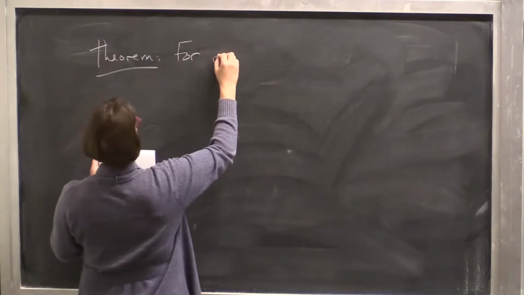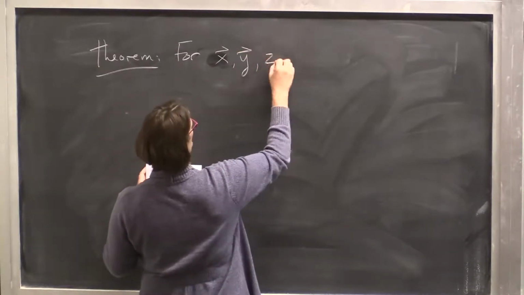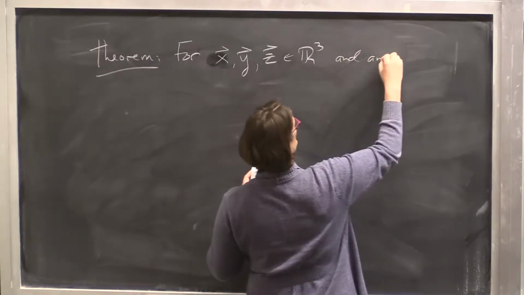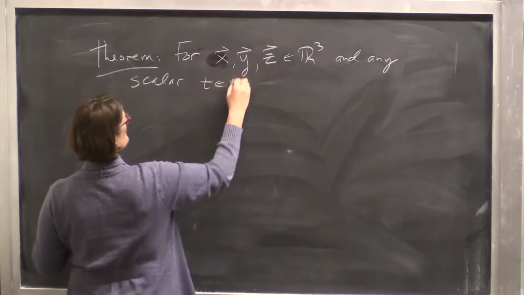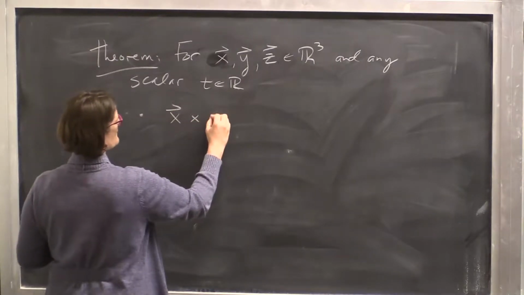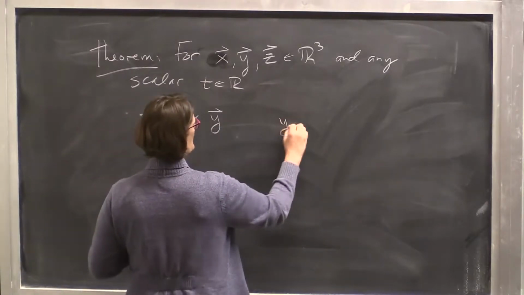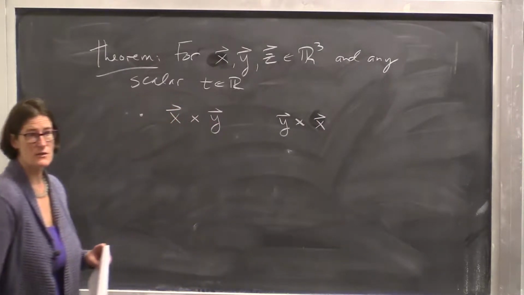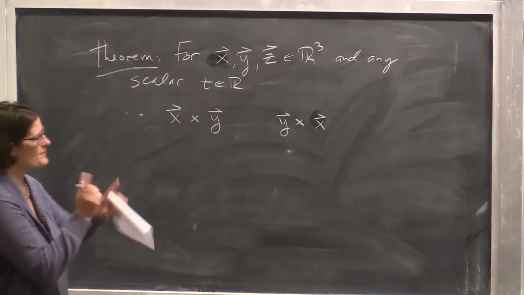For any vector x, any vector y, and any vector z in R3, and any scalar t, we have the following properties. First, if I compute the curl of x and y, and then I compute the curl of y and x, how should these be related to each other? You just flip the direction. It's the negative.